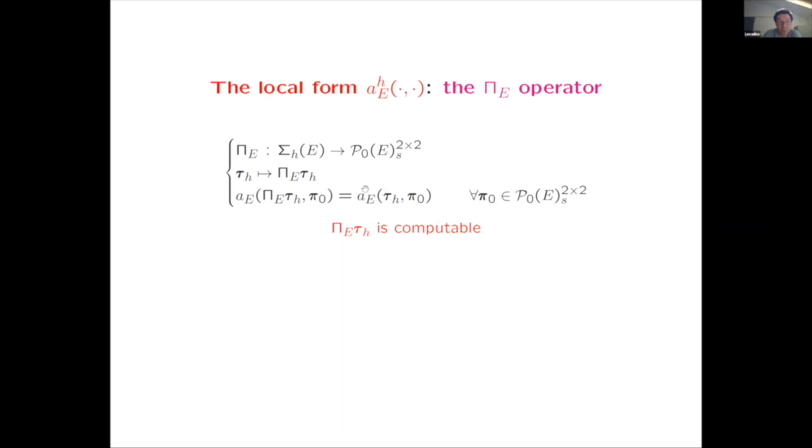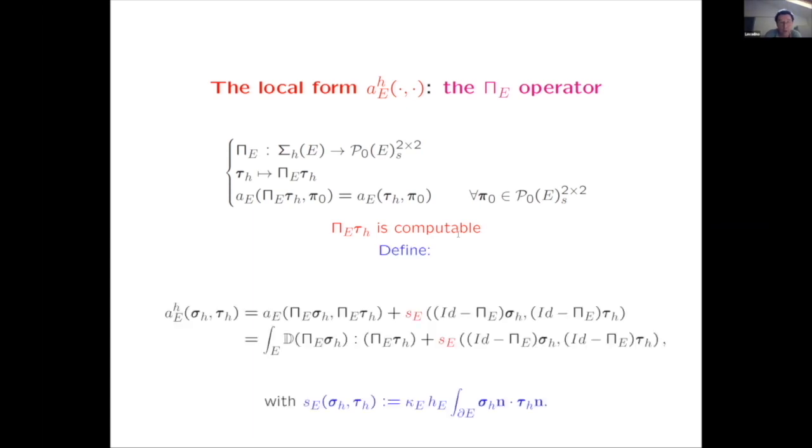And it is possible to prove that this is actually computable, of course. And then once you have the projection operator onto the piecewise constant functions, tensor functions, symmetric tensor functions, then you say define everything as usual.